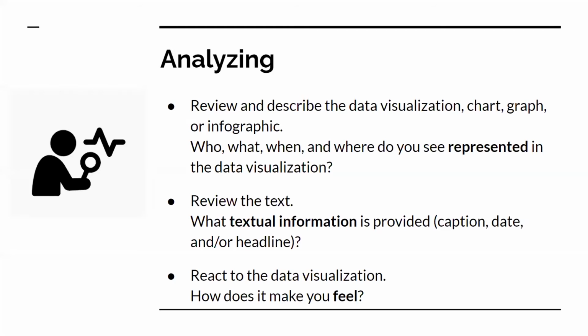We ask, who, what, when, and where do you see represented in the data visualization? Reviewing the text, right? So what text and textual information is provided? And then also, how does the data visualization make you feel? Affectation is an important component of visuals, and so data visualizations, especially those loud and chaotic ones, can make you kind of feel a certain way.